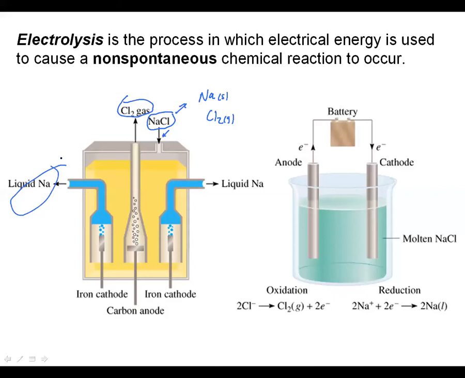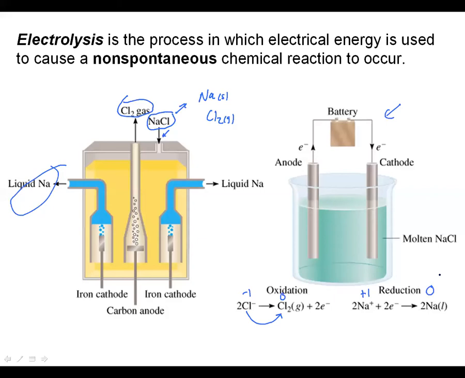But as you can also see here in a more simplified version, by running that electrical current, on our anode side, our chloride is going to lose those electrons, going from -1 to 0, going through oxidation, while the sodium will pick up those electrons, going from +1 to 0 over here, and get reduced.